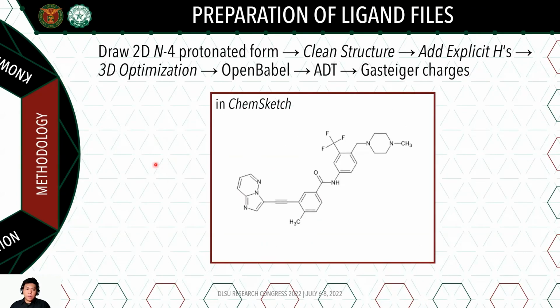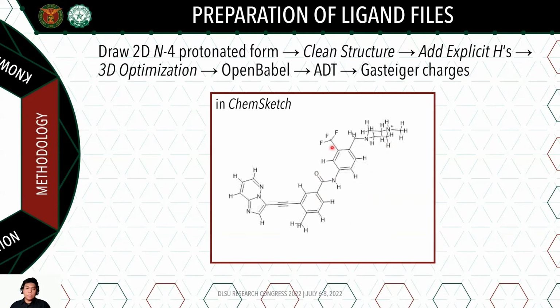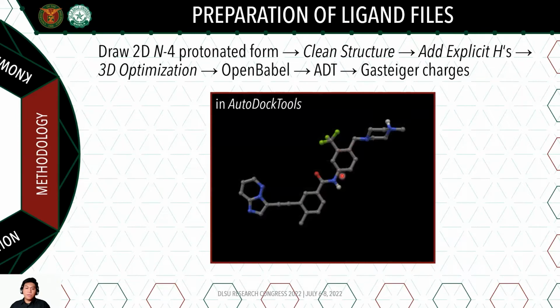For the analogues and for the known inhibitors, they were drawn in ChemSketch. This N4 position was protonated. We cleaned the structure, added explicit hydrogens, and 3D optimized, followed by transferring to ADT for the addition of Gasteiger charges.